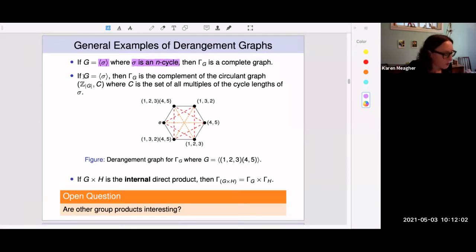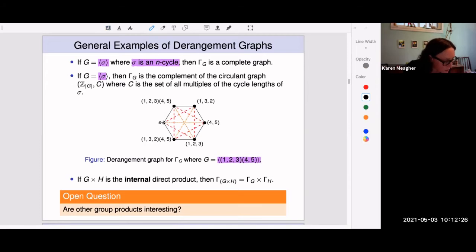If I have a group generated by a single permutation, I can figure out what the derangement graph is by the length of the cycles in the sigma. So here I did it for 1, 2, 3, 4.